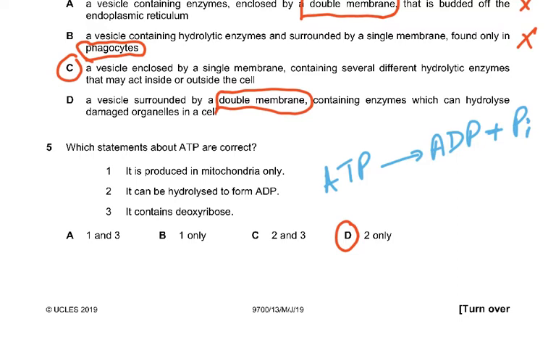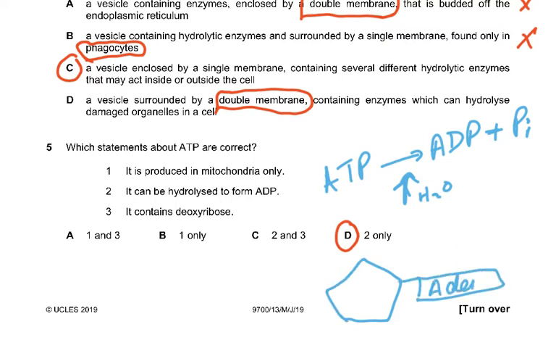Why? Because you need to add a water molecule, and the water molecule splits into H and OH. Then it contains deoxyribose. No, it contains ribose sugar. The ATP molecule has a ribose sugar and an adenine base, and to the ribose sugar are attached 3 phosphates.